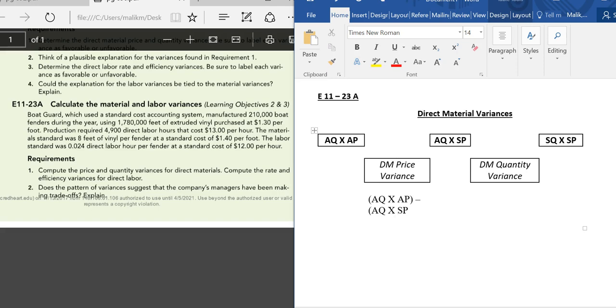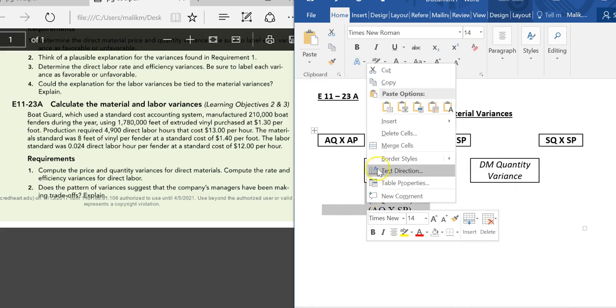And we will show this difference here. I am trying to show it in one box so that it all fits nicely here.